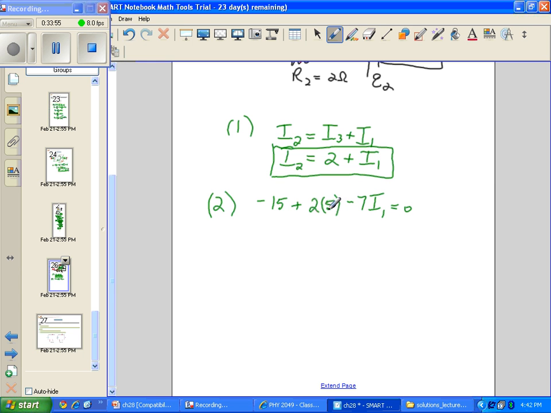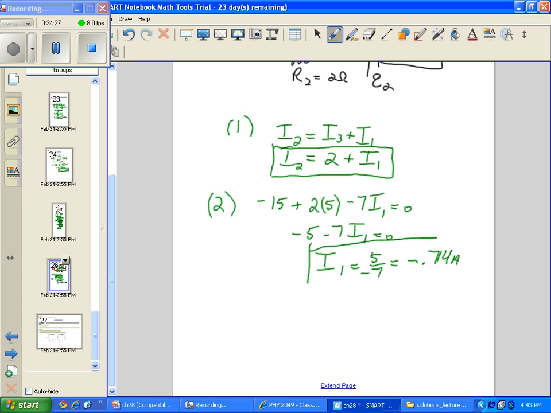Well, this is 10 plus negative 15 gives us a negative 5 minus 7I1 equals 0. We immediately obtain a value for our unknown. I1 is 5 over negative 7, and in decimal form, this will be minus 0.714 amps.